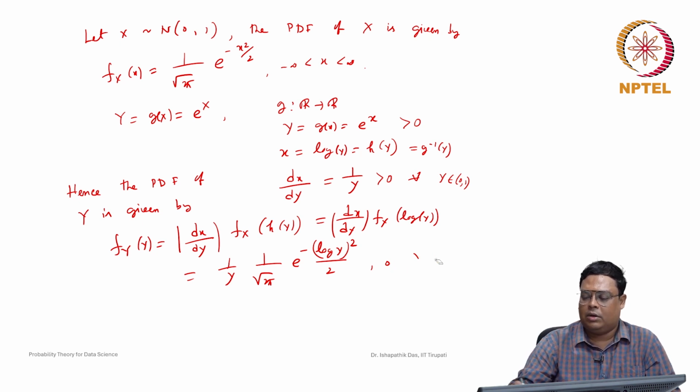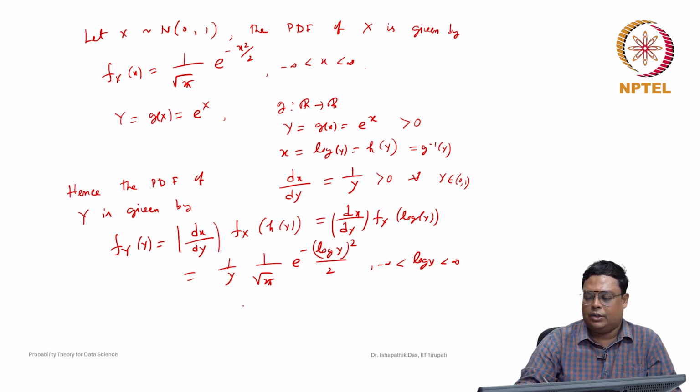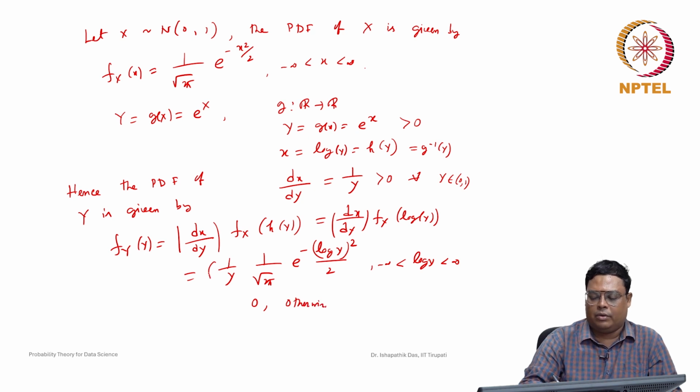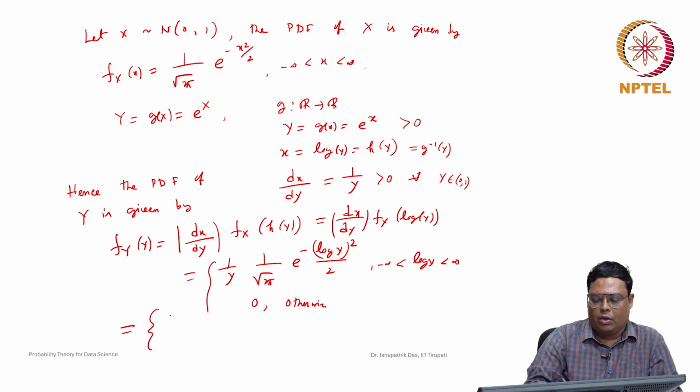So let us write it down. Log y is between minus infinity and plus infinity, and this is 0 for any other values of y. This can be simplified as 1 by root 2 pi y e to the power of minus (log y) whole square by 2, whenever y is greater than 0.